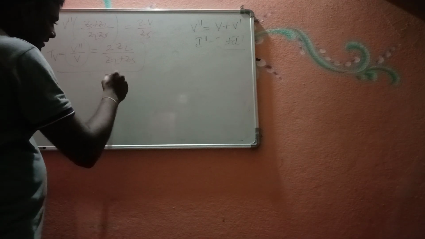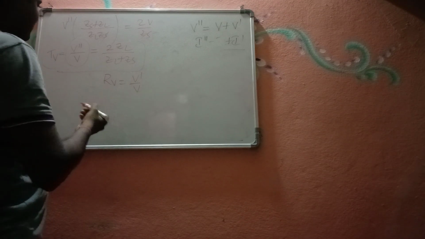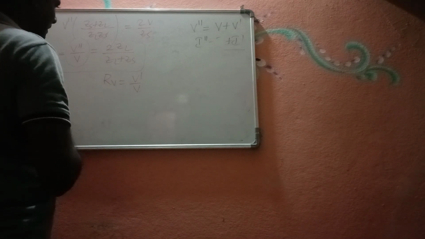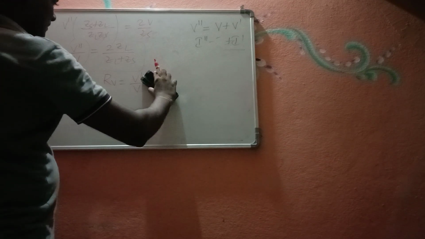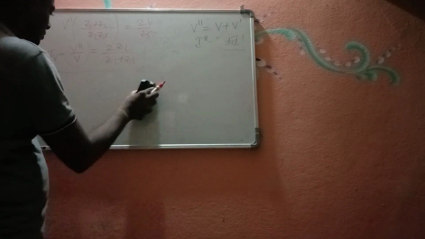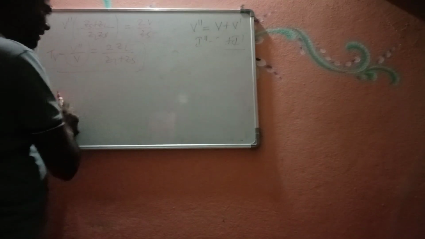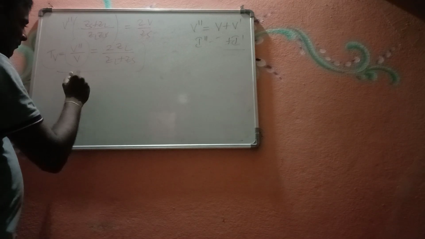Okay, if I want to define the reflection coefficient for voltage, I can write this as RV is equal to V dash by V. So we must know the relation between RV and TV to get TV.